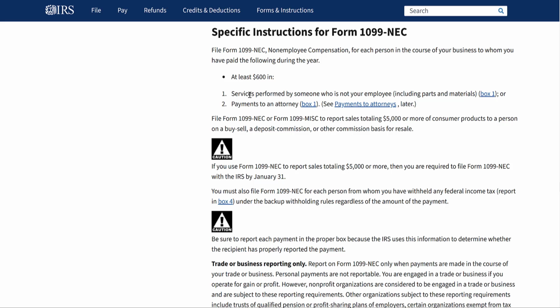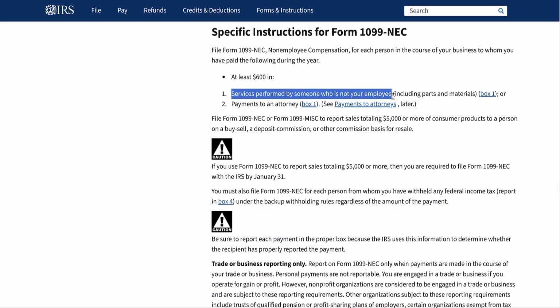Okay, so when this says services performed by someone who is not your employee, if you say, well, I have 1099 employees, one, you need to make sure they actually shouldn't be on payroll and receiving a W-2. If that's the case, then we have a separate issue that we need to work through. Two, if they are truly a contractor and are truly a 1099, they may still need to receive a 1099, even though you call them an employee.